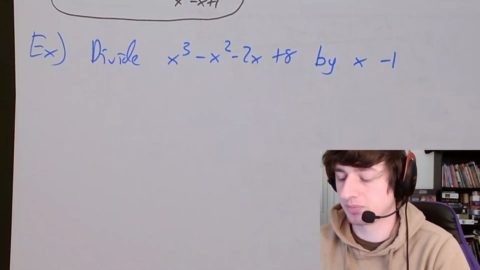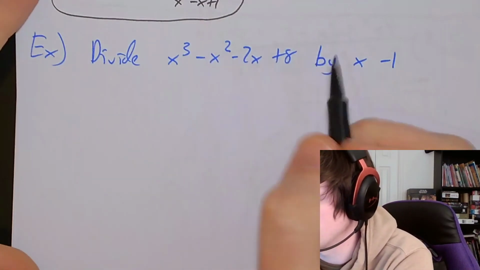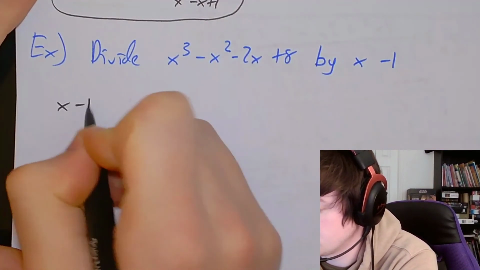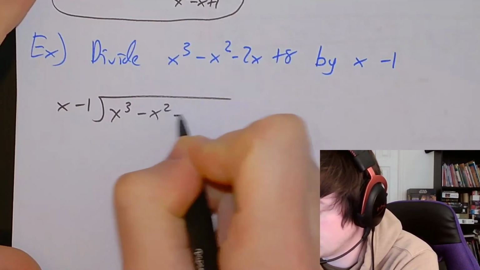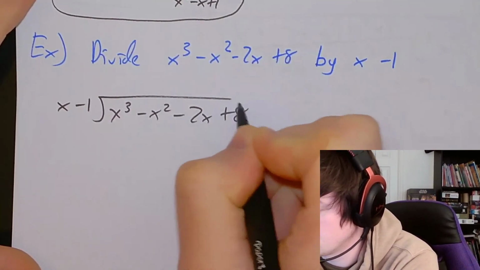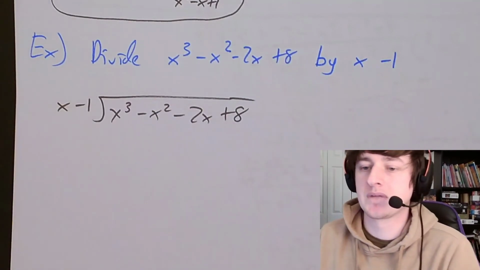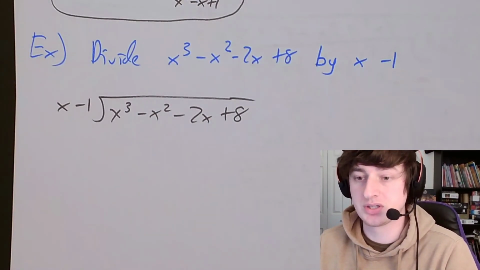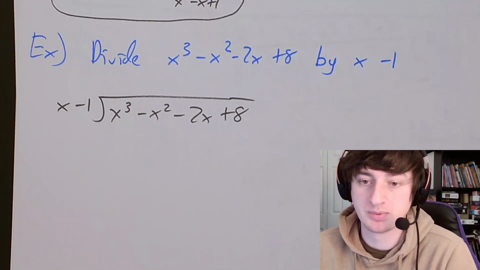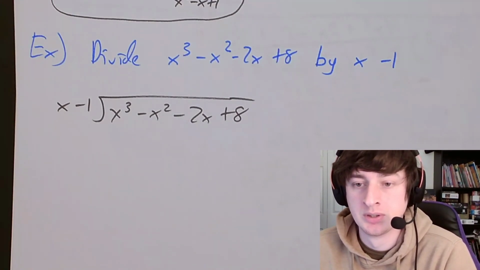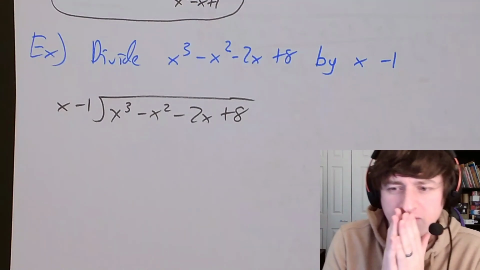And so we're going to set up our long division for our polynomial, x minus 1 into x cubed minus x squared minus 2x plus an 8. I'm fairly certain that this doesn't divide evenly, but we'll see. I could be very wrong. Pretty sure it doesn't divide evenly though.